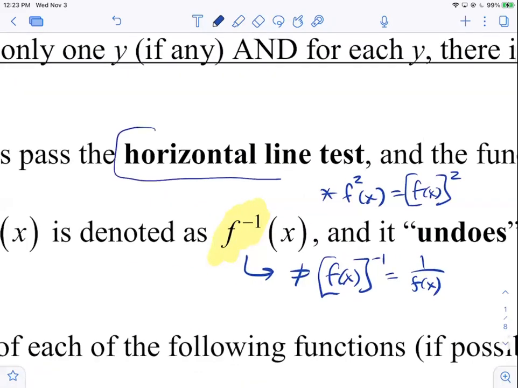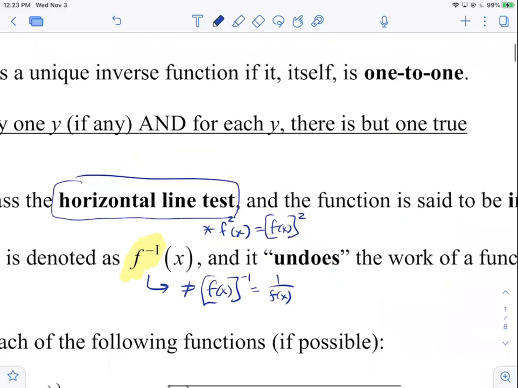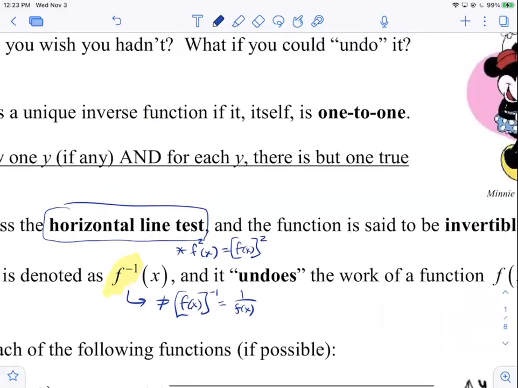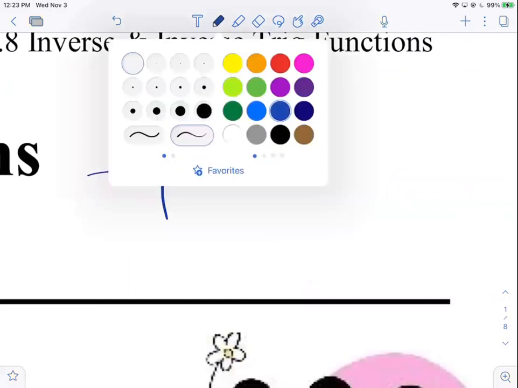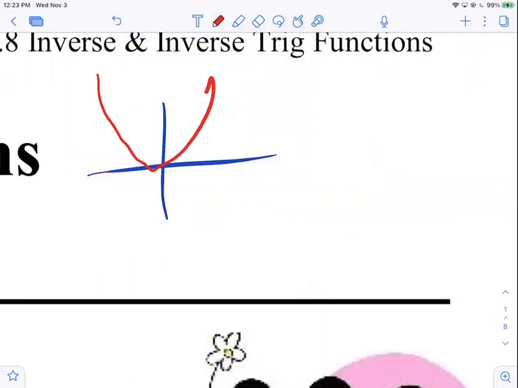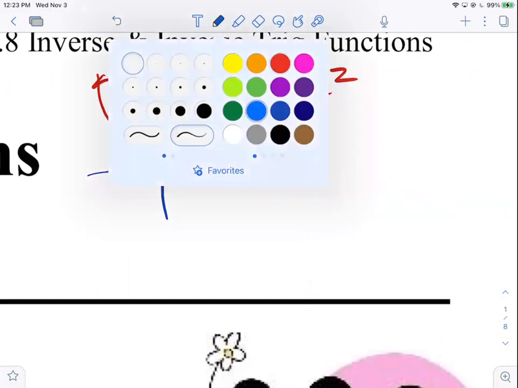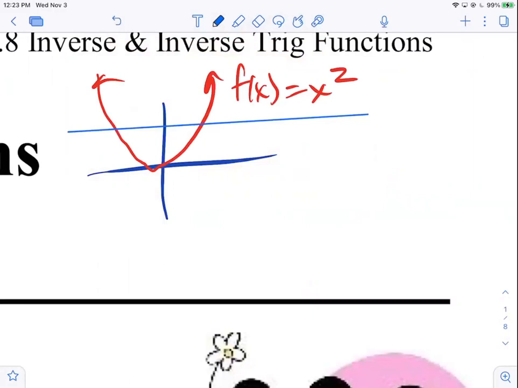Now, it's real easy to tell if a function is going to have an inverse that is also a function, right? If you think about what I said about squaring a number, think about the graph of x squared. Here's y equals x squared, or f of x equals x squared. If the original function passes the horizontal line test, then we know its inverse is going to be a function, right?